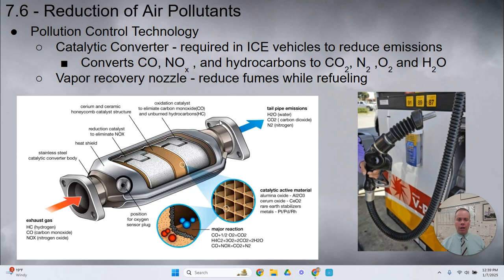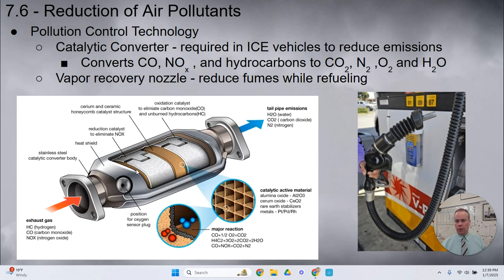For example, after that exhaust gas has been through the catalytic converter and comes out of the tailpipe, the byproducts are nitrogen gas, N2, which is inert, carbon dioxide, and also water. And so the result of installing and requiring catalytic converters was a reduction in the tailpipe emissions from motor vehicles.